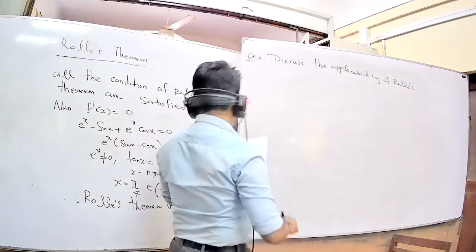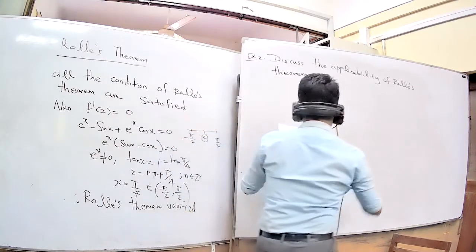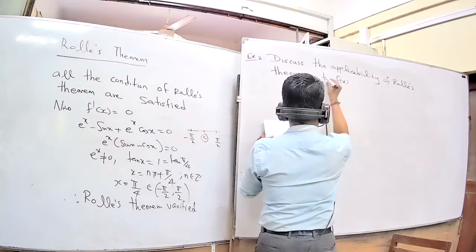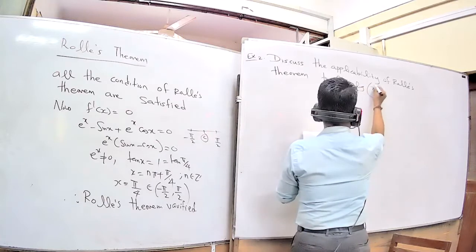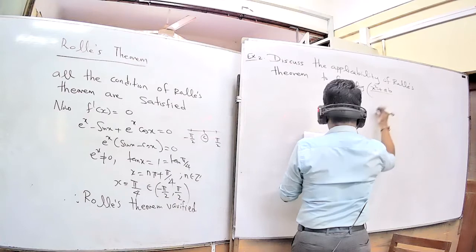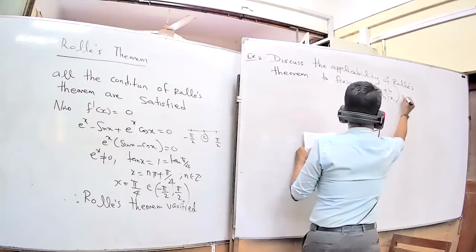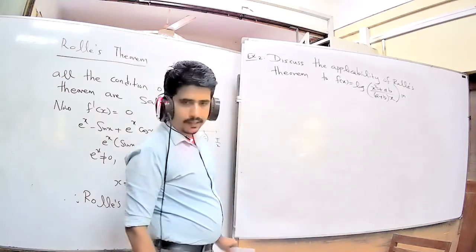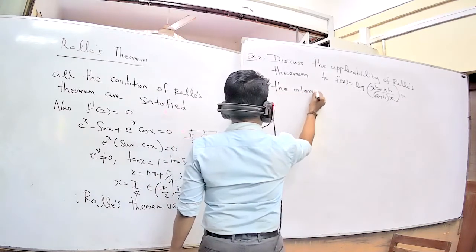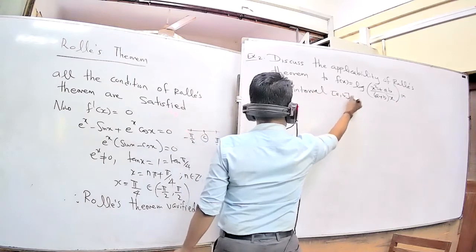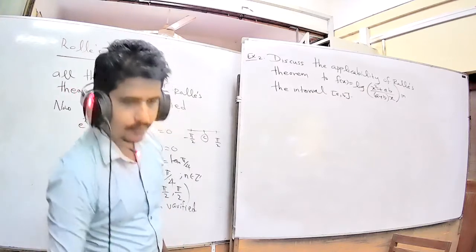Applicability of Rolle's theorem to the function f of x equal to log of (x squared plus ab) over ((a plus b) x) in the interval a comma b.